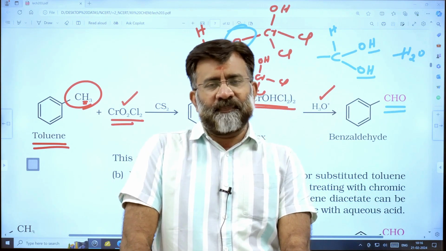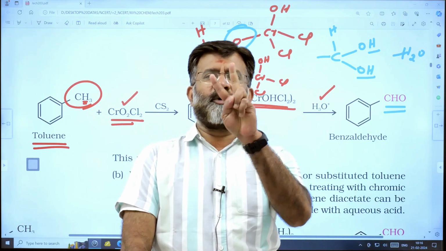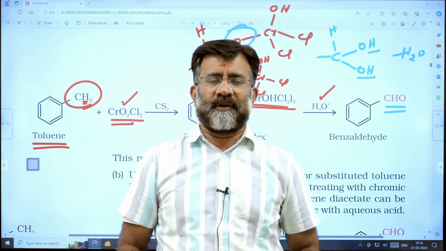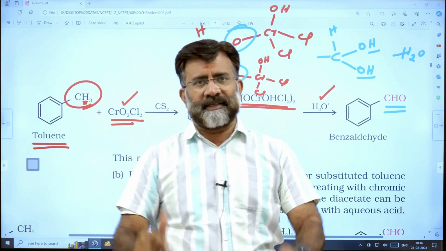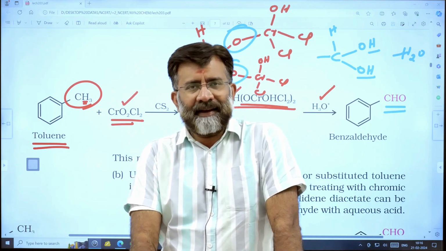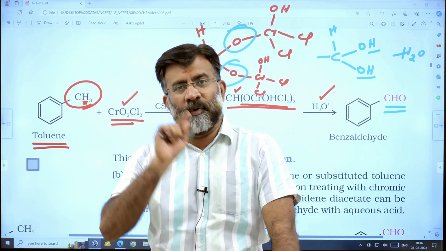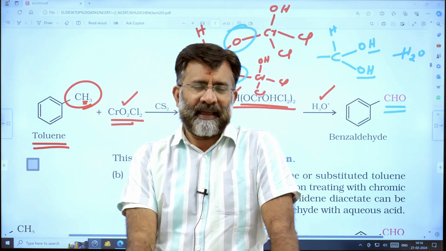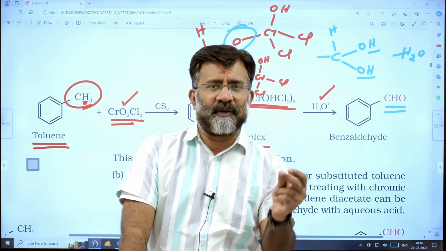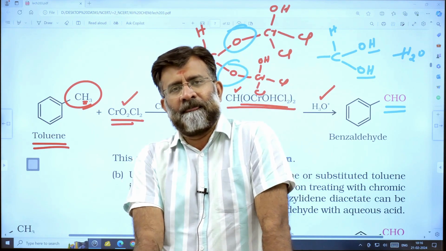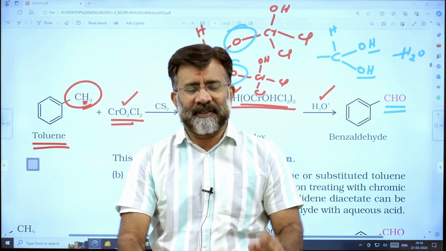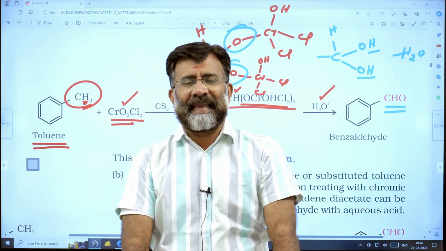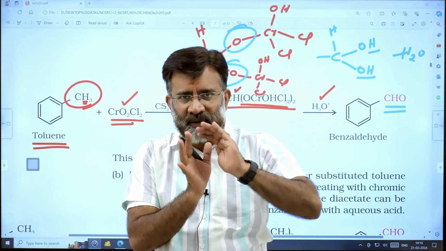So in toluene's CH3 group, the 2 hydrogen atoms are replaced by the chromyl chloride that we are using, and it forms an addition type complex, and that complex enables the C-O linkage, and finally upon hydrolysis you will get aldehyde. Suppose there is C coming with the 3 O. Upon hydrolysis, you will get carboxylic acid. Here we are controlling that.